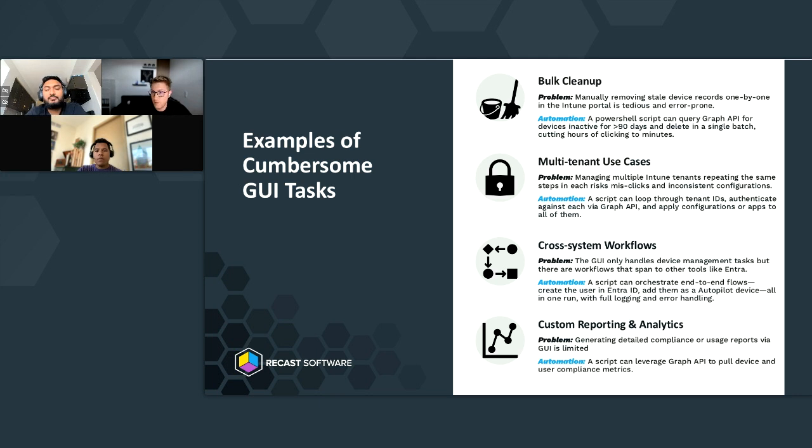Also, I can do drift detection: I compare my prod tenant with my prod tenant from the day before, and then I see the differences, for example, to see what changed. Based on this, I can check whether this was an intended change or if someone did something that was not documented or not discussed. Other use cases, as already mentioned, are cross-system workflows.